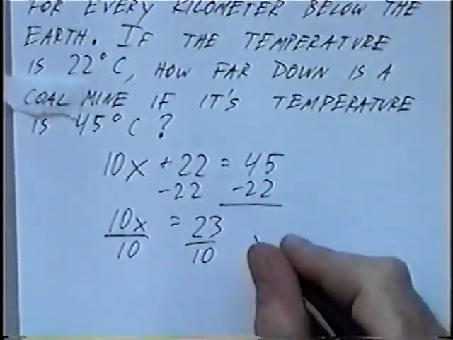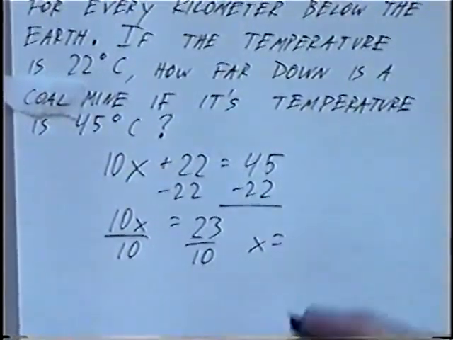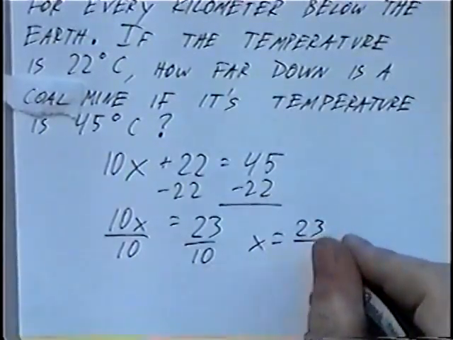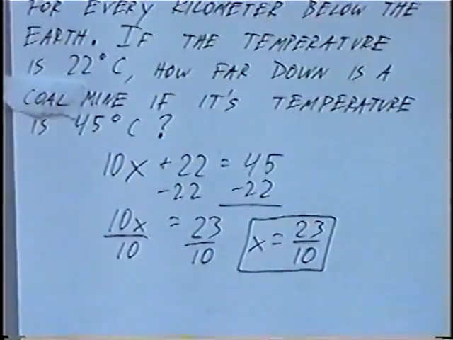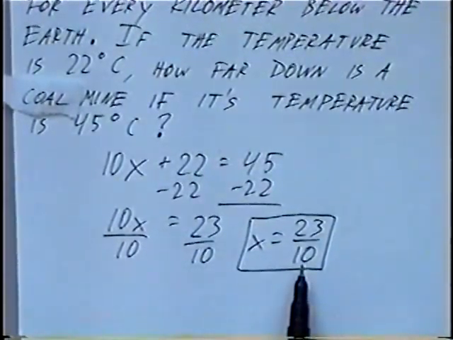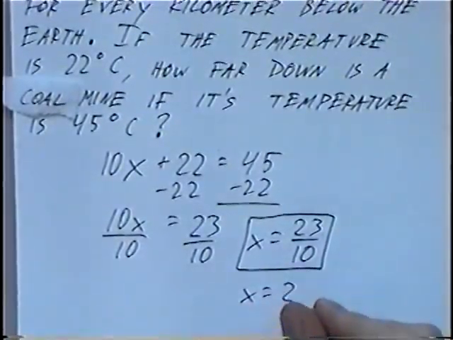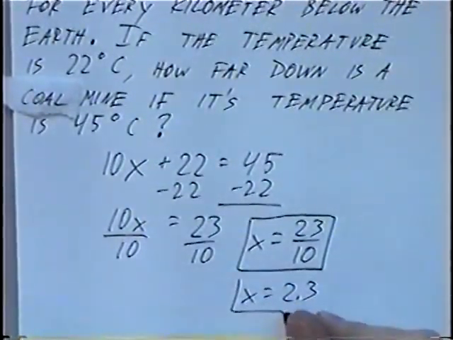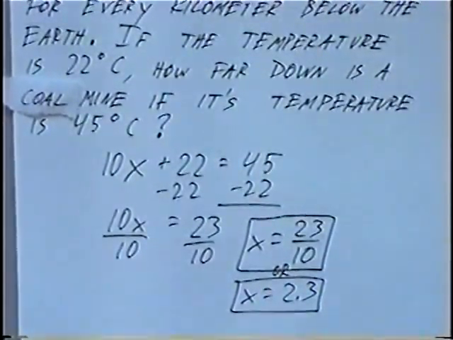And our final answer will be x equals 23 over 10; the fraction does not reduce, 10 does not go in evenly, so we can leave it as 23 over 10. If you wanted to, you could divide by 10 again by moving the decimal one spot or using long division, and it will come out to x equals 2.3. So the coal mine is 2.3 kilometers below the earth.